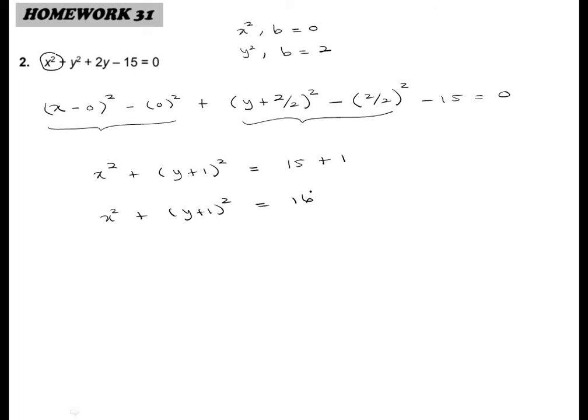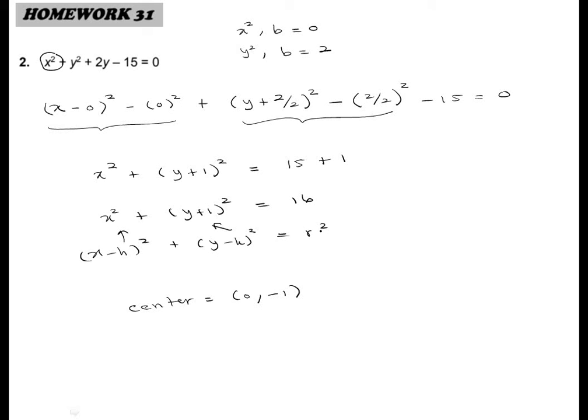And to compare with the standard form of a circle, (x minus h) squared plus (y minus k) squared equals r squared, from here we can get the coordinate of the center: h is 0 and k is negative 1.